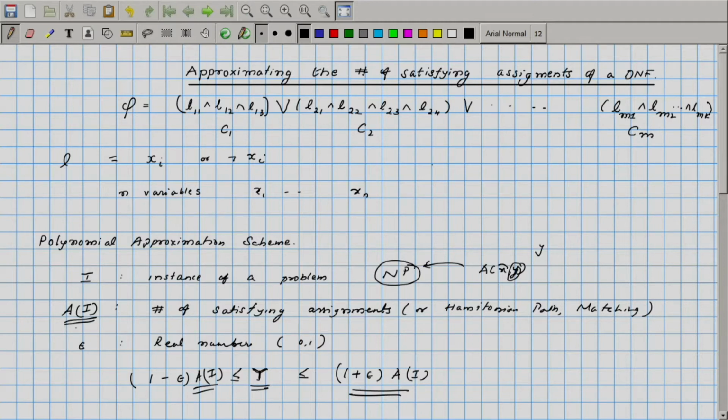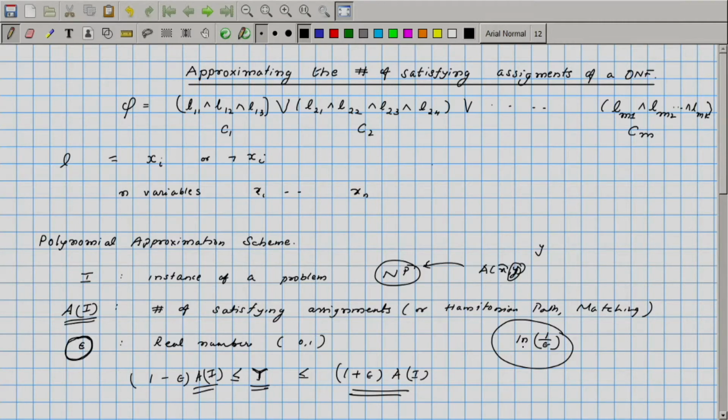If you can have such an algorithm, the time taken should be polynomial in the input size and there is an epsilon here. If you look at epsilon as a number, it will take log 1 by epsilon space to represent, since it is a number between 0 and 1. So we could have said that the algorithm should run in time polynomial both in the input size and in log 1 by epsilon.